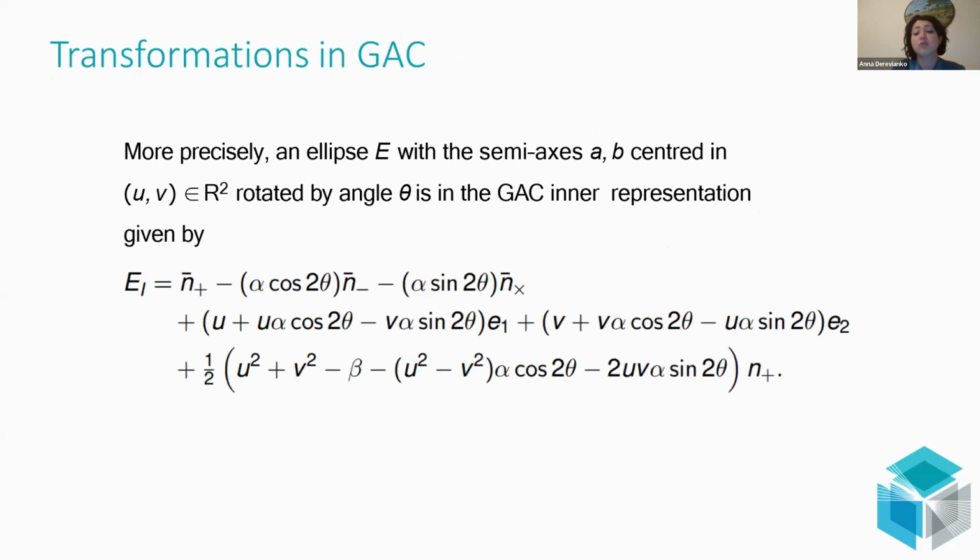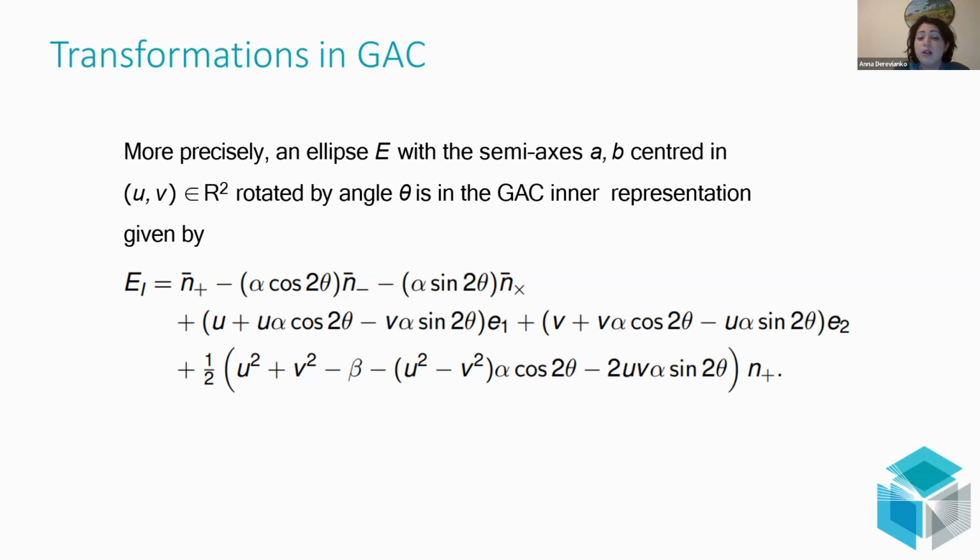What we are going to use today are the transformations in geometric algebra for conics. But before transformations, I will shortly show the basic element we will use today. We will mostly jump to ellipses.